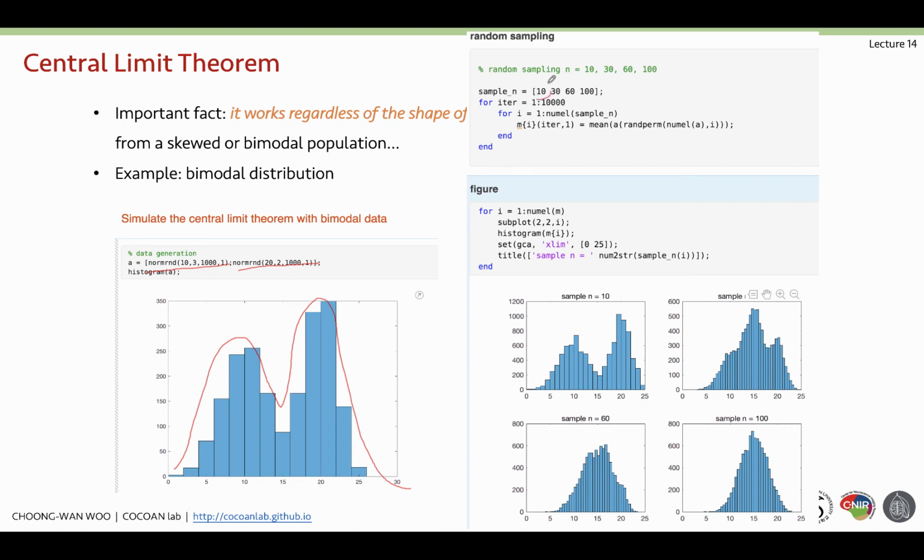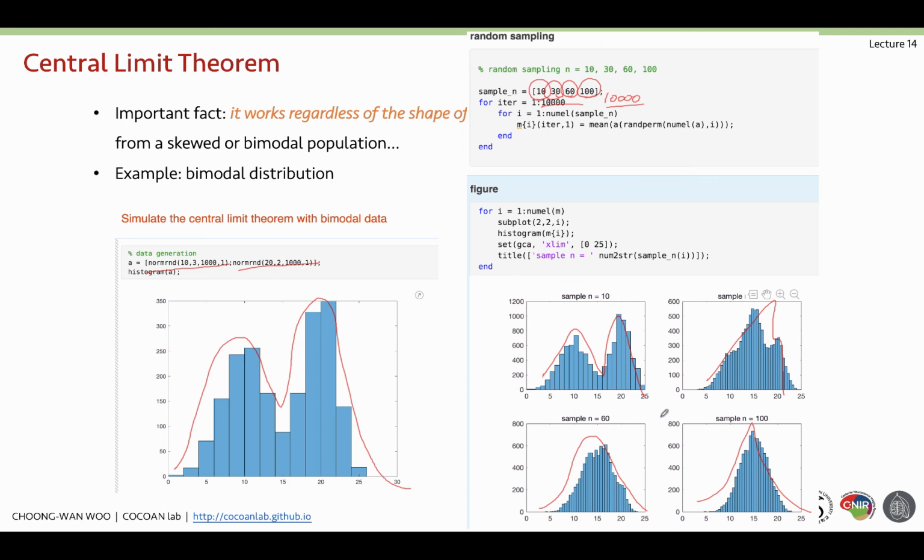I'm using different sample sizes, 10, 30, 60, 100, and the number of iterations is 10,000 times. As you can see here, if the sample size is small, it's still bimodal. This is 30. With 30, it becomes more similar, closer to a normal distribution, but not quite yet.